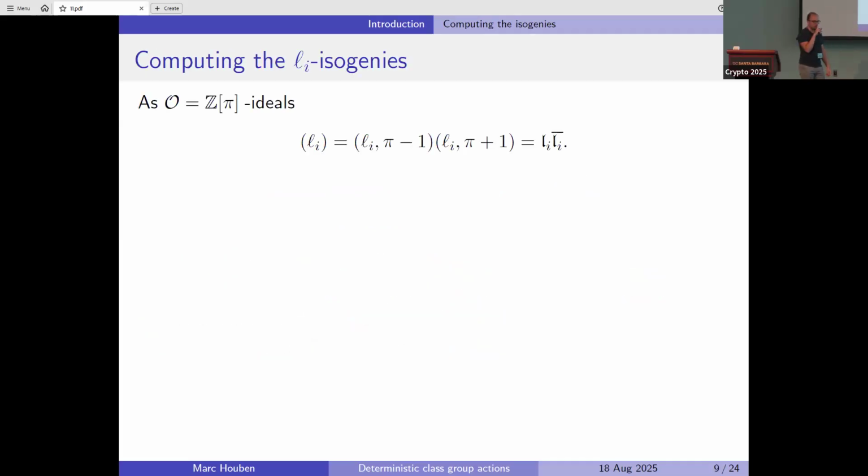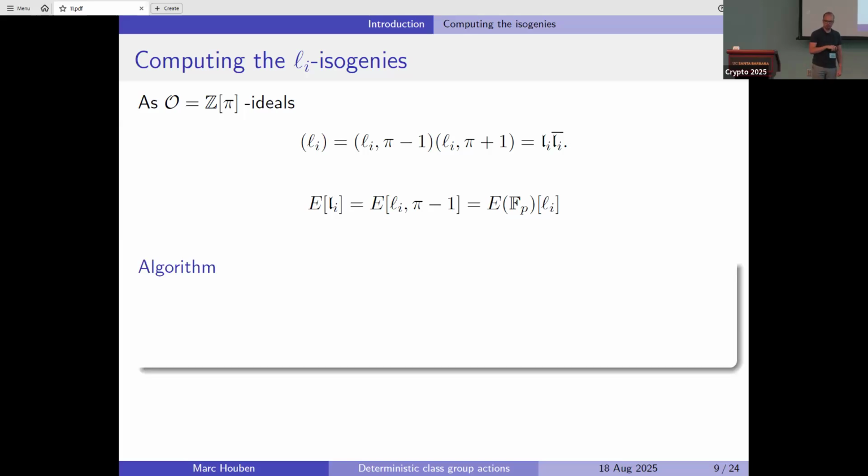So how do you compute these isogeny walks? You have to know how to compute one of these ℓ_i-isogeny steps. So we have two of them. Let's look at the first one. An isogeny is determined by its kernel. And the kernel of the corresponding ℓ_i-isogeny turns out to consist exactly of the F_p-rational ℓ_i-torsion points.